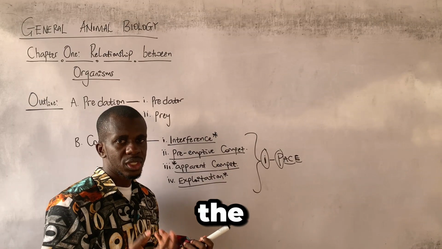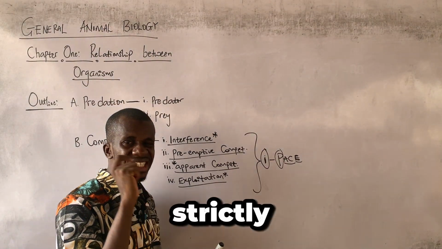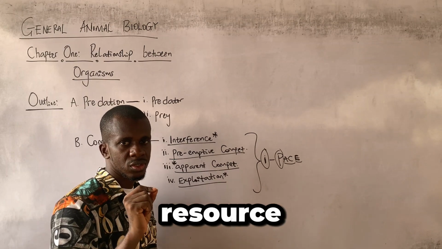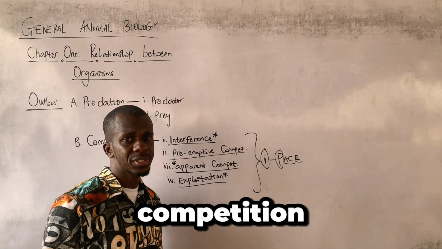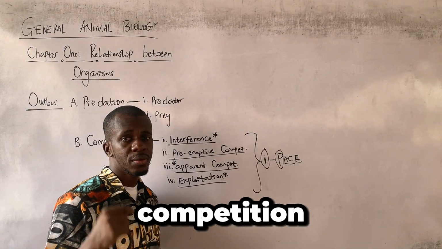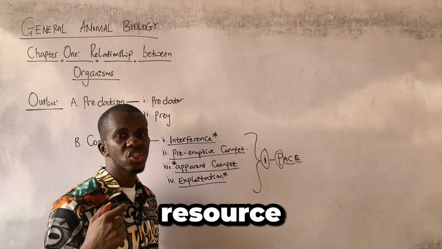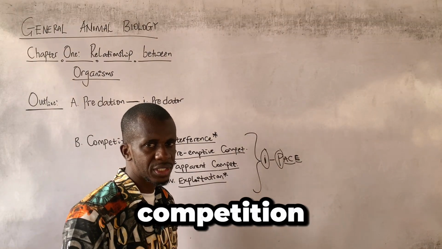So the kind of competition that occurs is strictly tied to the resource. Hence, apparent competition is not regarded as a true form of competition because it is not a resource-based competition, but a predator-based competition.